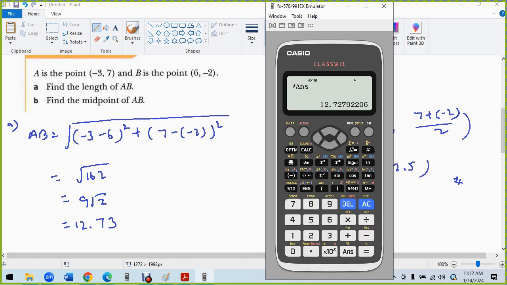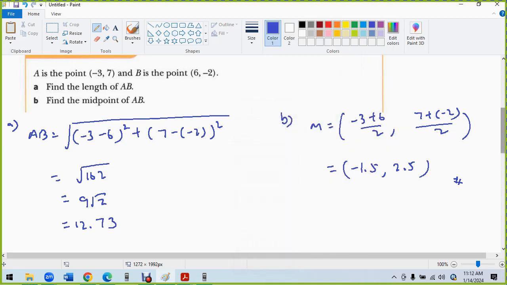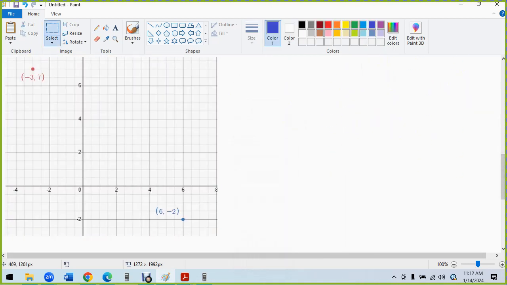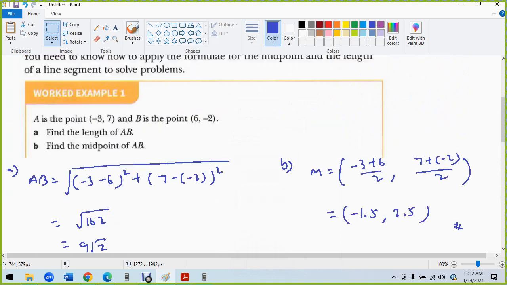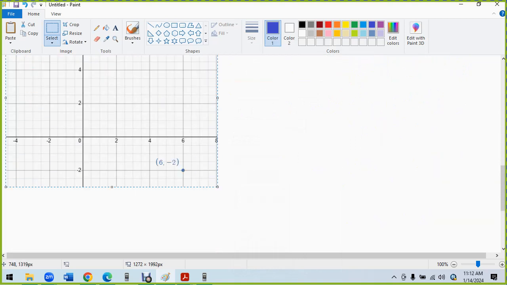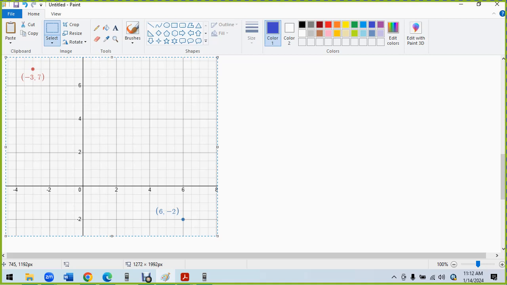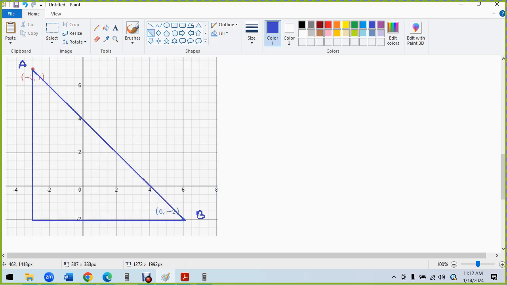So we can look at the graph here. Actually we have these 2 points, A and B here, and we want to find the distance. Actually we can do something like this. Negative 3 to 6, it's 9 here. 7 to negative 2, so 9 here.